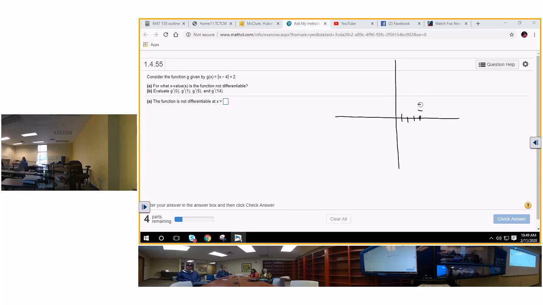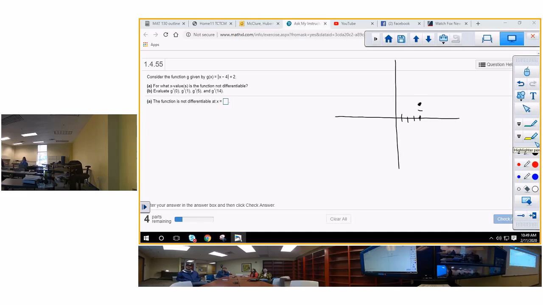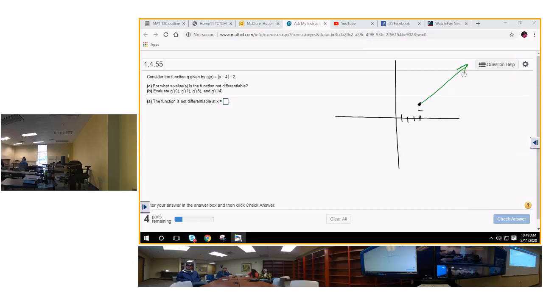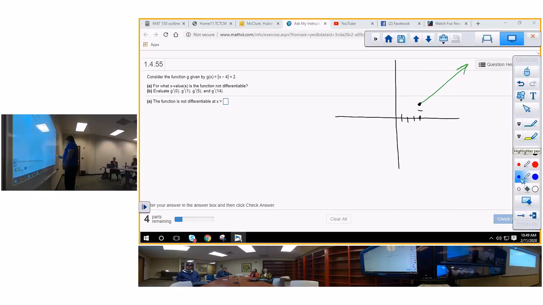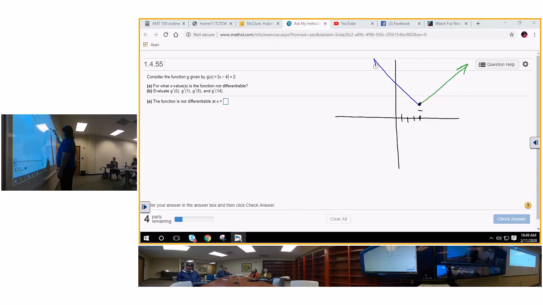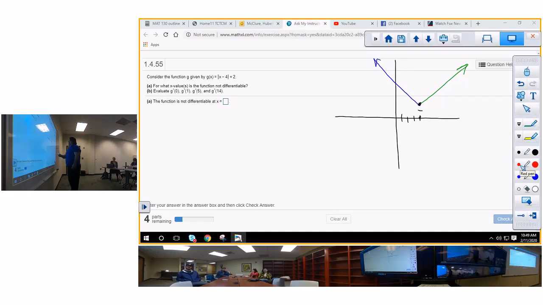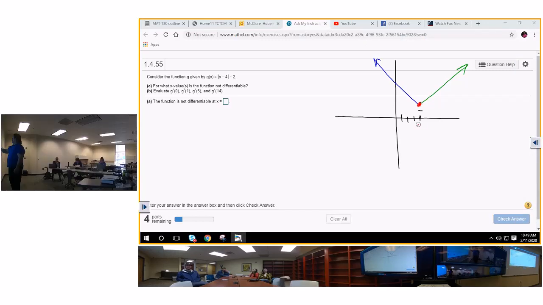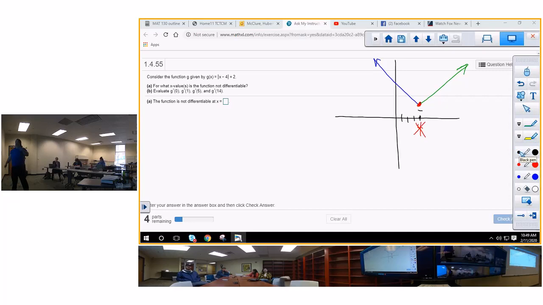So we'll put the green line over here, and the blue line over here. They're supposed to be symmetrical. All right, the red dot references where we cannot, x equal to 4, we can't do that. Okay?